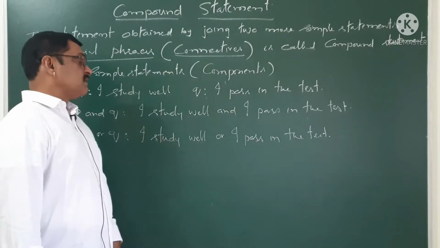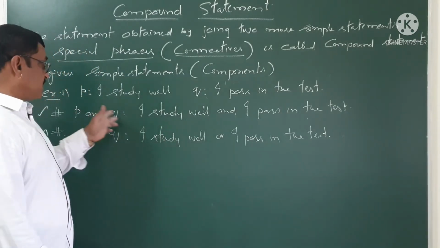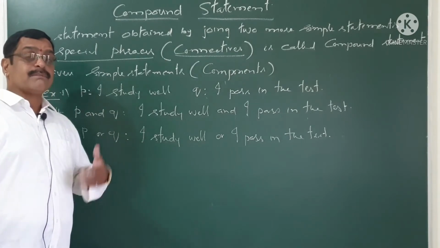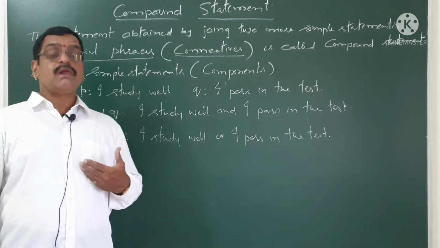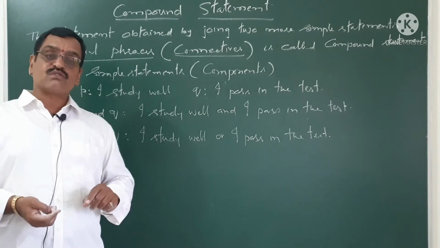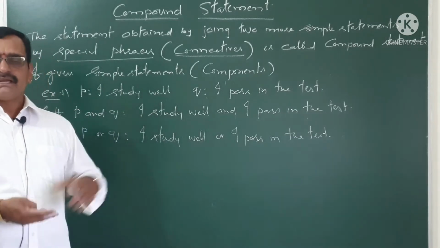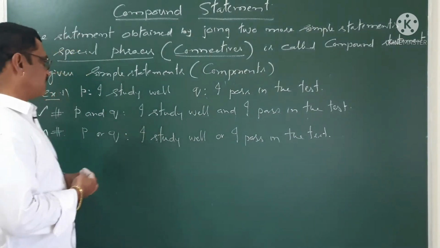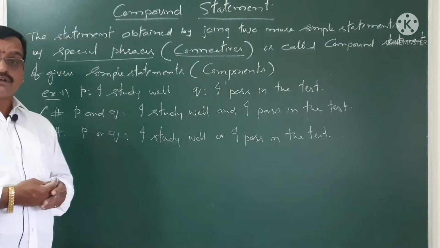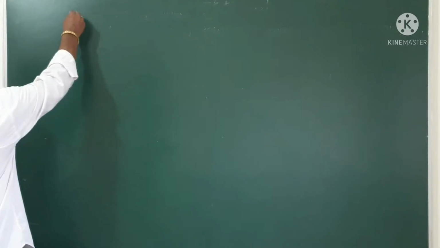Next I am going to discuss the truth values of P and Q, P or Q. That means truth values of compound statements, when the truth values of these components are in different cases, one by one we discuss. And we have special names also for these compound statements.